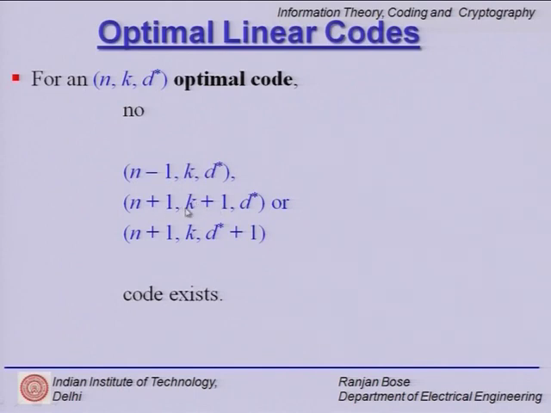So, you can improve the code rate, because that fraction goes closer to 1. You agree that (k plus 1) over (n plus 1) is closer to unity than k over n, like 1 by 2, 2 by 3, 3 by 4, and so on. So, your code rate keeps improving without decreasing your d*. So, again you have an improvement.